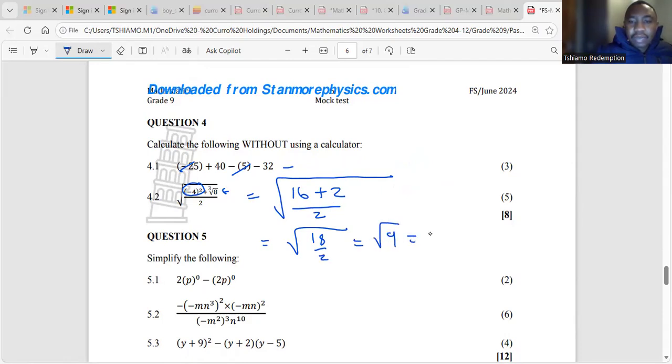And what is the square root of 9? 3. So you solve this one, you write the answer. Even if you use a calculator, work out the numerator. 16 plus 2 is 18. Then divide 18 by 2. Then you get 9. Then finally at the end, you get the square root of 9, which is 3.